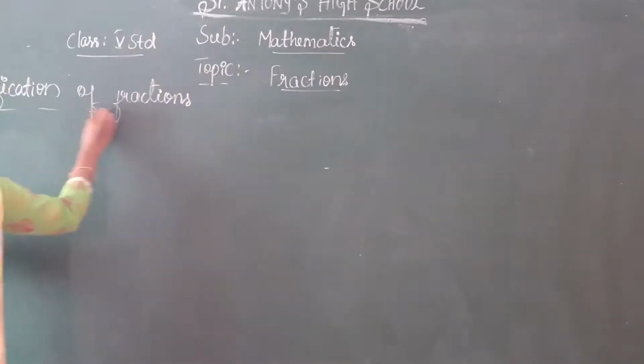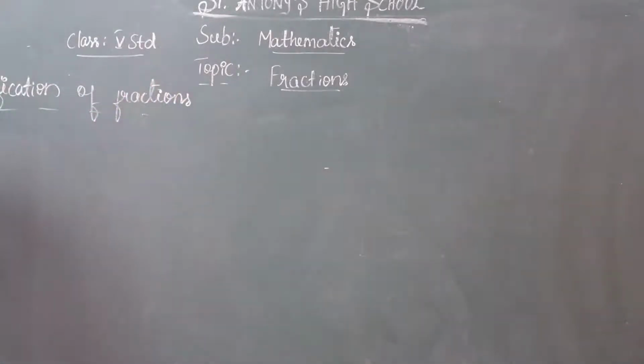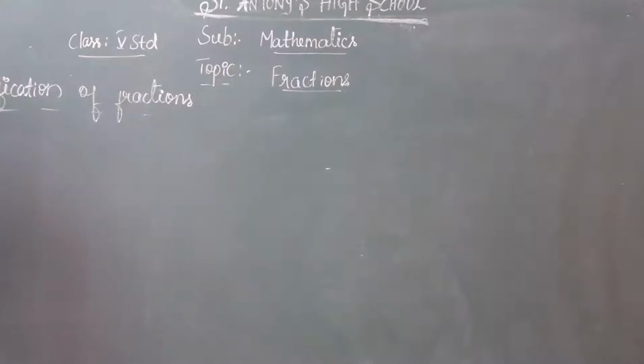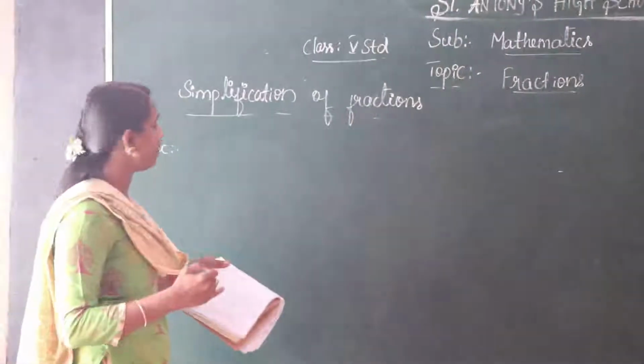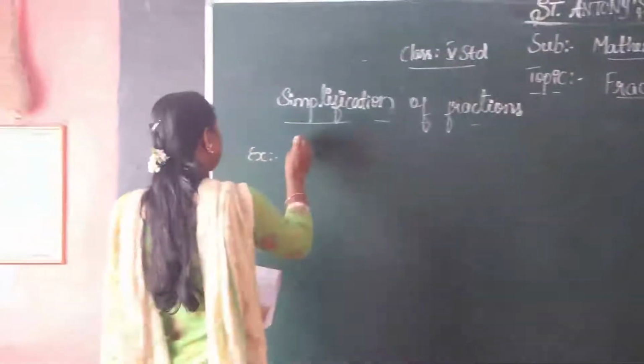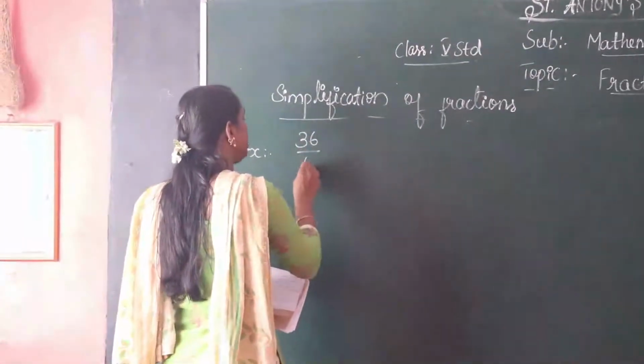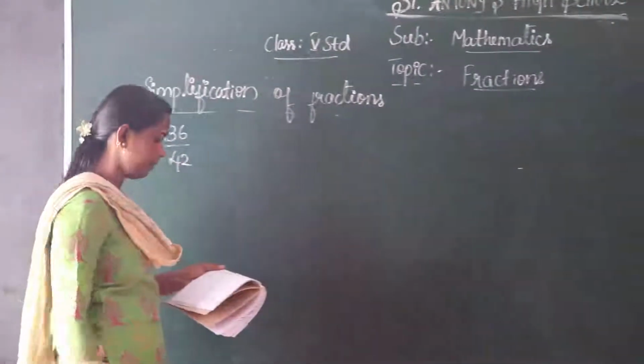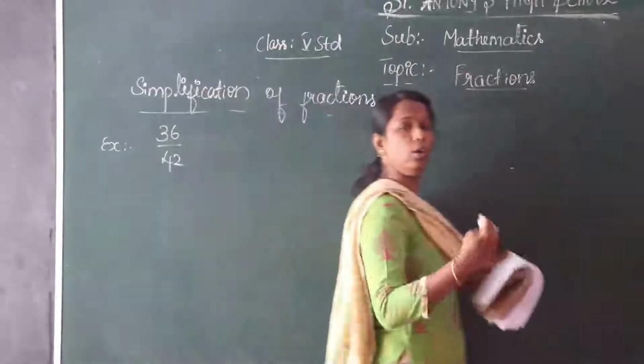So we know that for equivalent fractions, the first step is cross multiplication. Here the first step is to reduce the given fraction. Reduce to the lowest form.